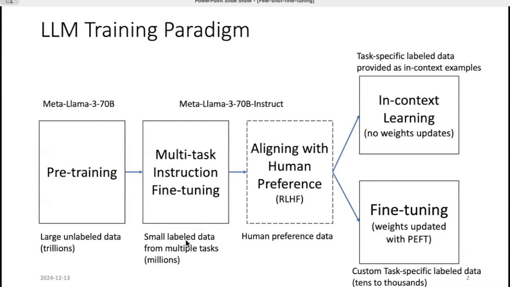This will be a relatively small labeled data set. Well, when I say small here, it's comparing to the pre-training data sets. It's small, but still it can be big. It can come from multiple tasks, and it may reach millions of training samples in the instruction fine-tuning.